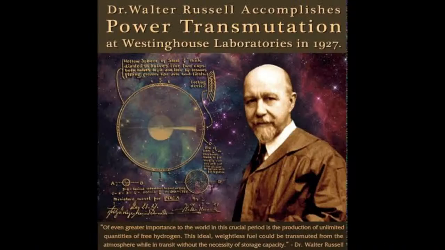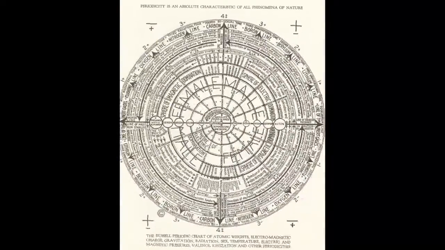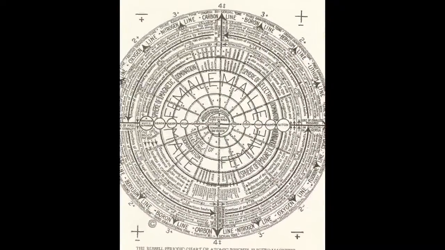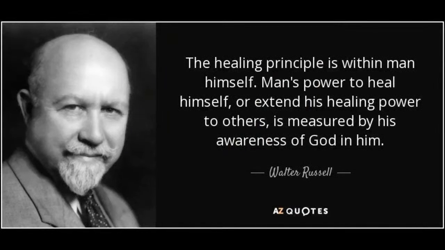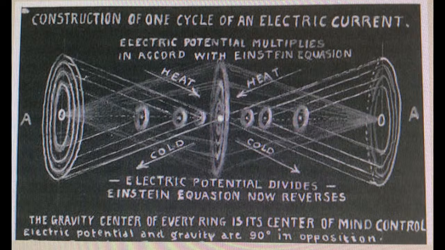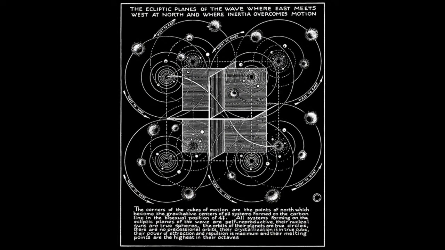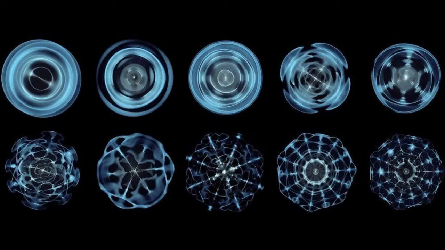It's the octave path in Walter Russell's vortex-based periodic table, and it goes back and forth, and the elements when they're forming take shape in order of whether they land in a tetrahedron or a cube or a sphere or a rod, whatever dimension number it is, right? And that's why you have the families of the elements as well, because they line up in that octave as it goes around.